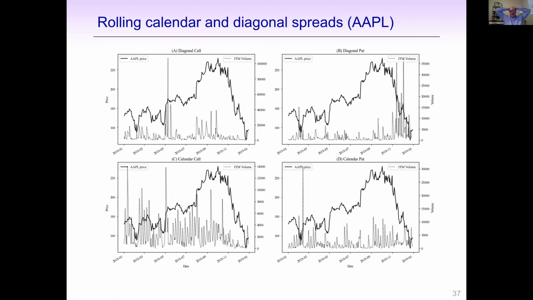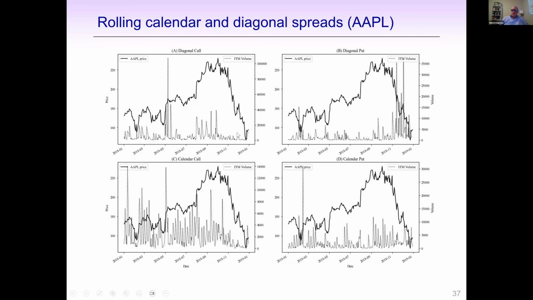So we look at this, and this is very suggestive that these diagonal spreads are used to roll positions to later expirations. Why are there none? If Apple goes down, suddenly all the calls are out of the money, and there are very few existing in the money call positions.